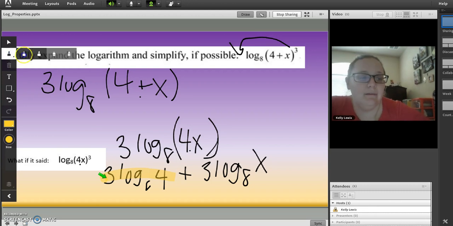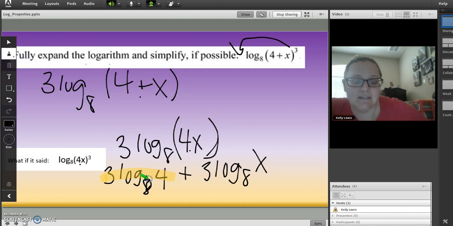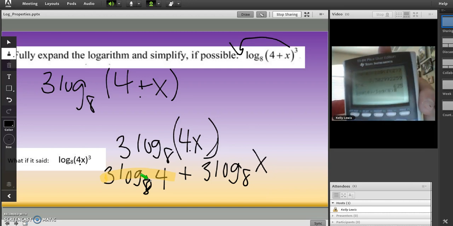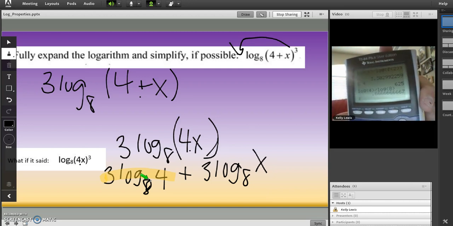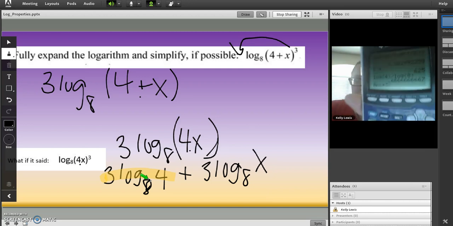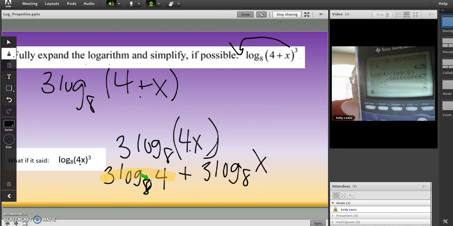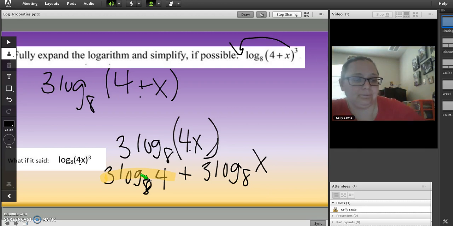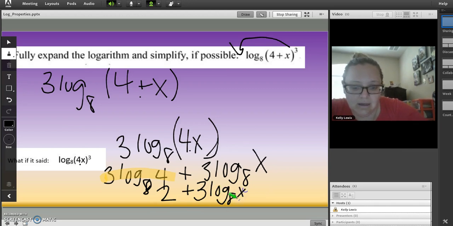This is base 8. And so what I would do is log 4 divided by log 8 in my calculator, and then I would do times 3 because it was times 3, and so I would get 2 plus 3 log base 8 of x.